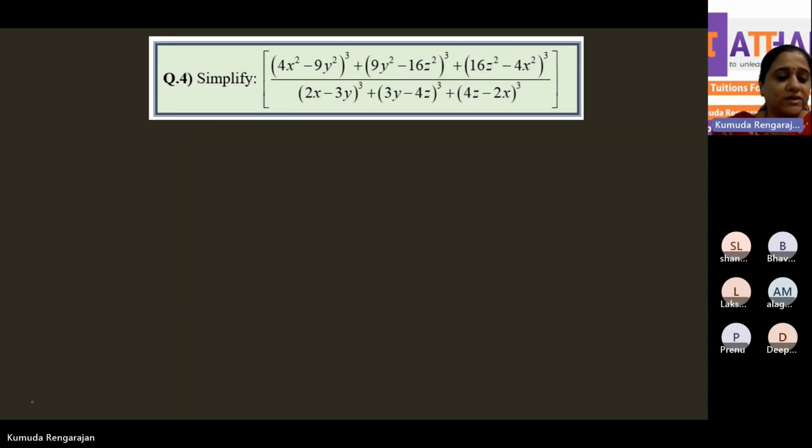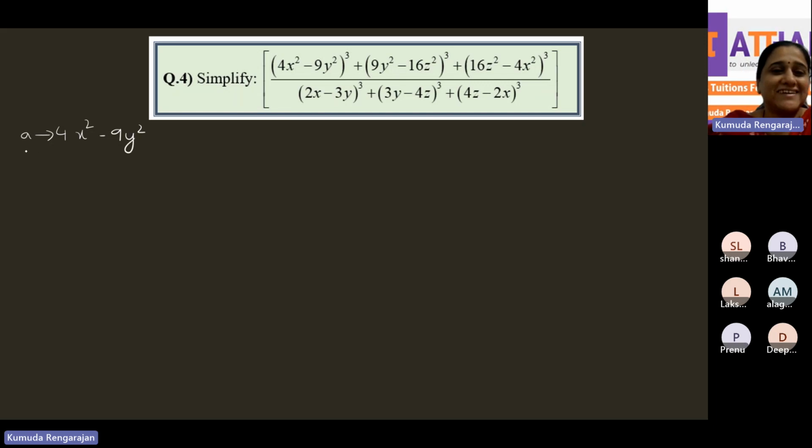So what should we first check by the identity? If the numerator is A cube plus B cube plus C cube, you should check A plus B plus C, right? So what is A? 4x square. Now evaluate B. 9y square.